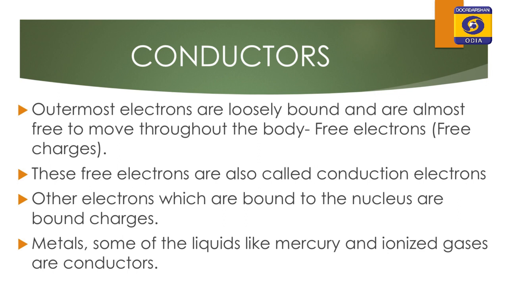These free electrons are also called conduction electrons. Other electrons which are bound to the nucleus are known as bound charges. Metals, some liquids like mercury, and ionized gases are examples of conductors.